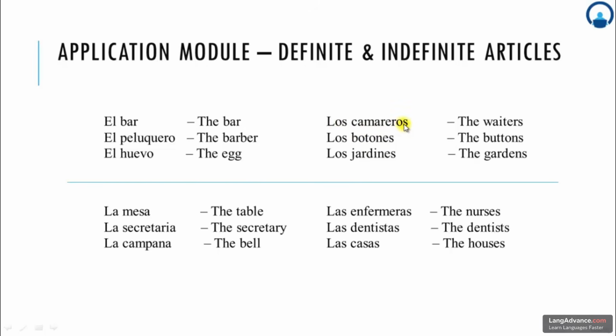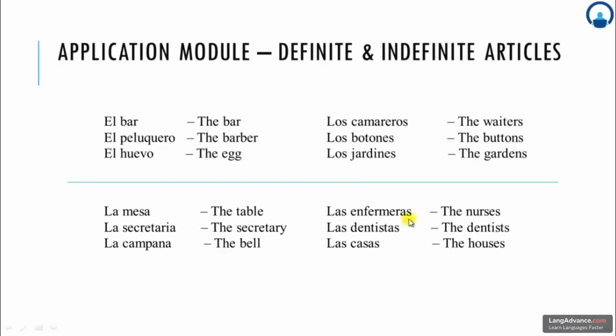So los camareros. Here it is es in the ending. So what we get in the ending is n. Again we have got the condition for being a masculine word. Since it is plural, it is los botones, that means the buttons. Los jardines means the gardens. For feminine, it is la mesa, la secretaria, la campana, means the table, the secretary and the bell.